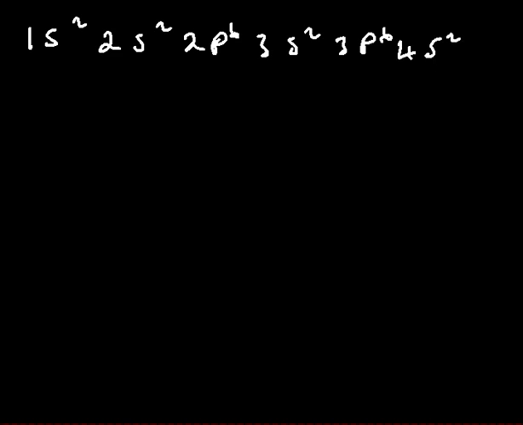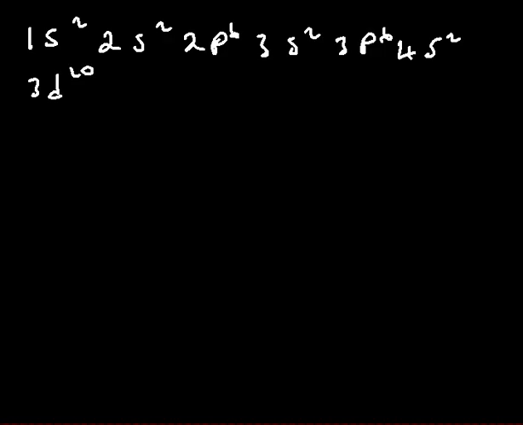So the order starts from 1s2 and 2s2, and we have 2p6. We have 3s2, 3p6, and 4s2.